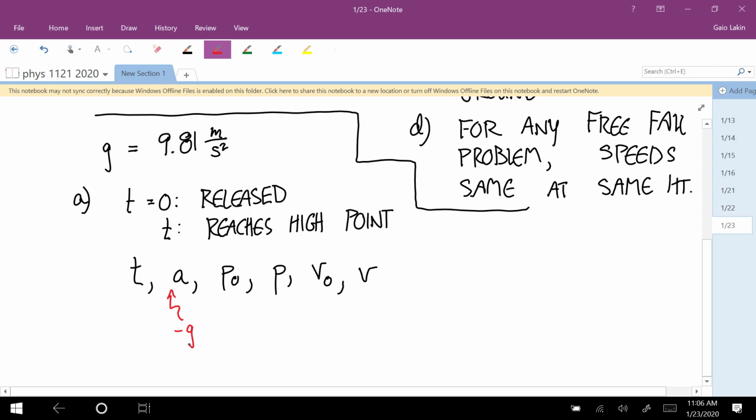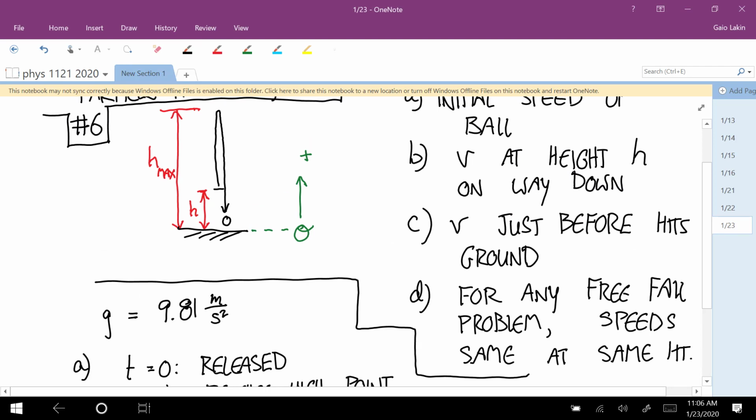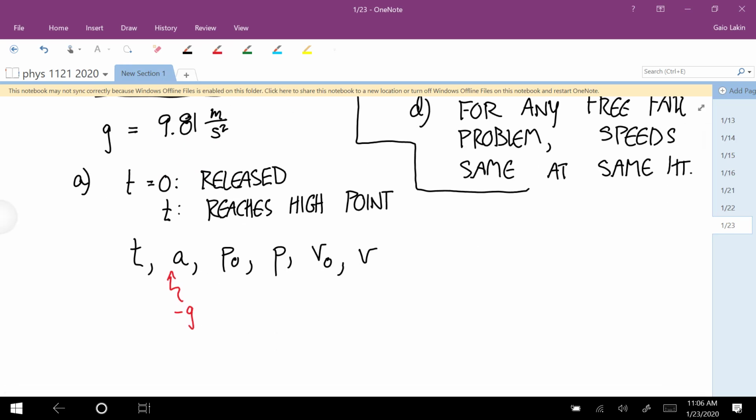Our p sub 0, well, we know that at time 0, the height is h. So what's the position given our 0 position at the ground and the positive direction up? Yep, positive h. Do we know the position at time t?